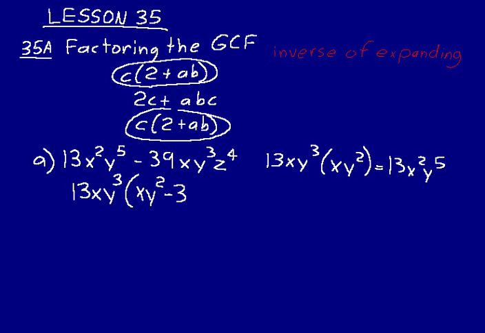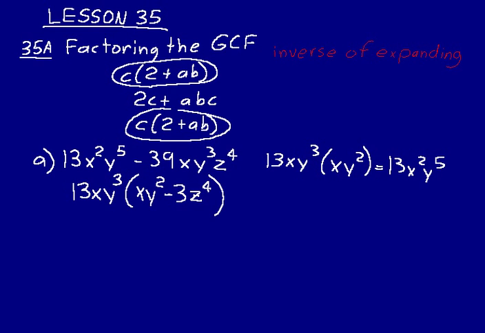We wouldn't need a y cubed, because there's already a y cubed, but we would need a z to the fourth in there. And so we need to write z to the fourth, because 13xy cubed times negative 3z to the fourth is equal to that second term, negative 39xy cubed z to the fourth.